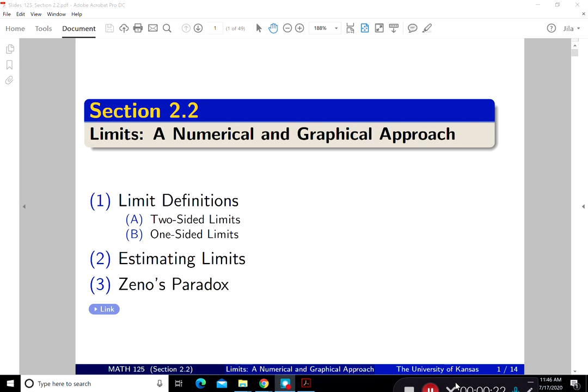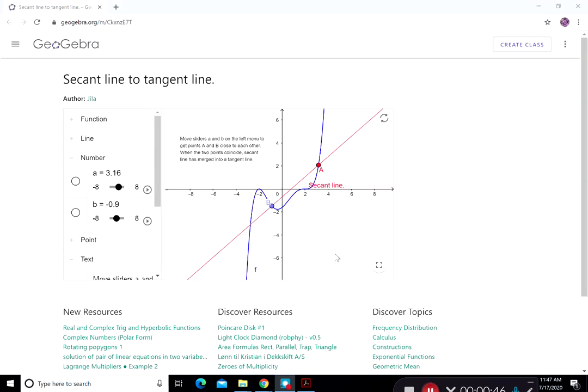One of the most important reasons that we need it in this course is how it relates the average rate of change to the instantaneous rate of change.